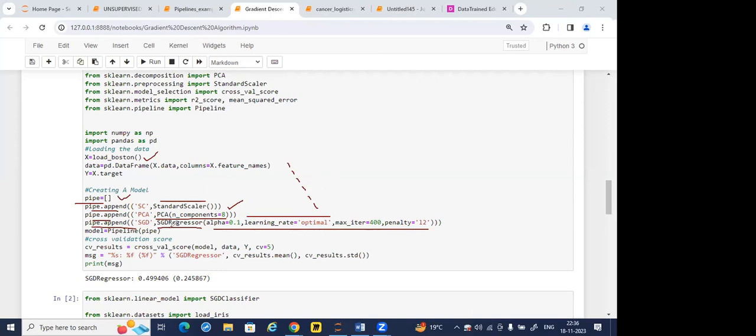Once the pipe is created with the stochastic gradient descent regressor, it is going to be placed inside the pipeline. So I call Pipeline from sklearn.pipeline and pass the pipe inside it. Here I create the model. Then I call cross_val_score and pass the model inside it. The pipeline I created will do the standard scaler, PCA, and SGD regressor. I pass the input and output data, and it gives you the results, the mean and the standard deviation.